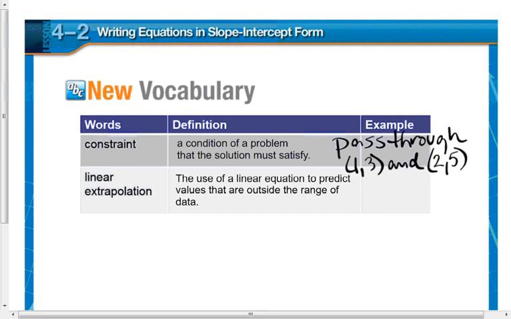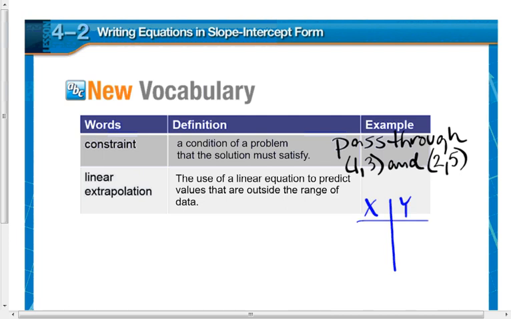Okay, linear extrapolation, the use of a linear equation to predict values that are outside the range of data. So, for example, it says the use of a linear equation, but we could even look at it in a table.